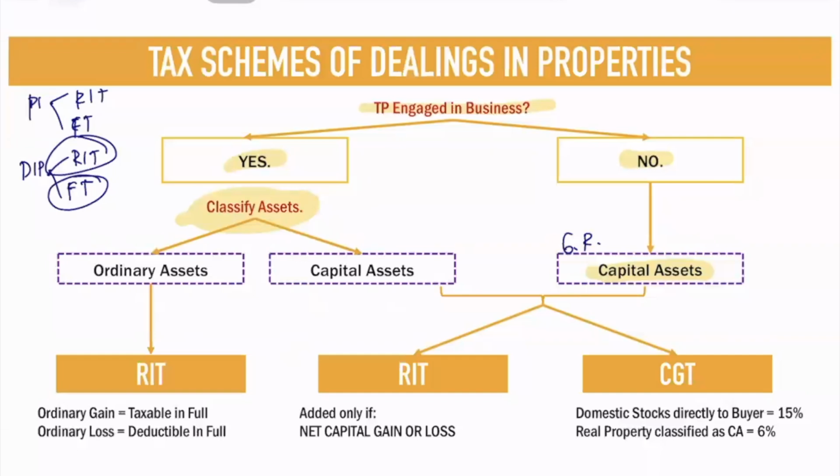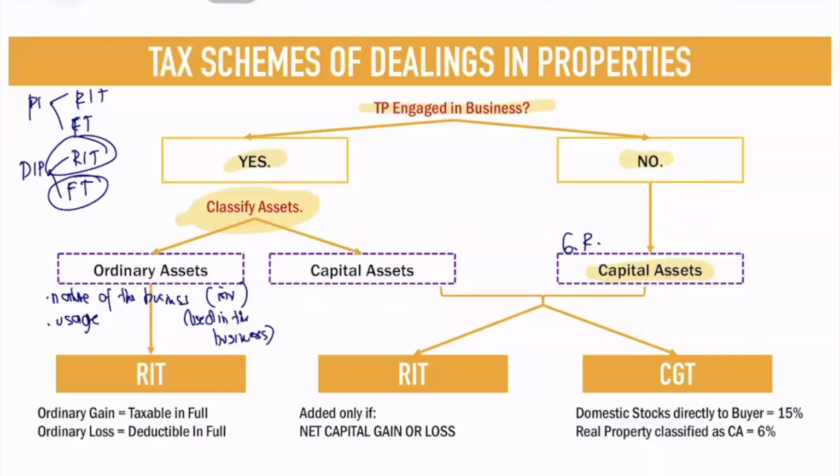So generally, the main reason that we classify an asset as an ordinary asset is dependent on the nature of the business and the usage of the asset. So if ever it is part of the inventory of the company or business, then it is an ordinary asset. If it is used in the business, then it is an ordinary asset.